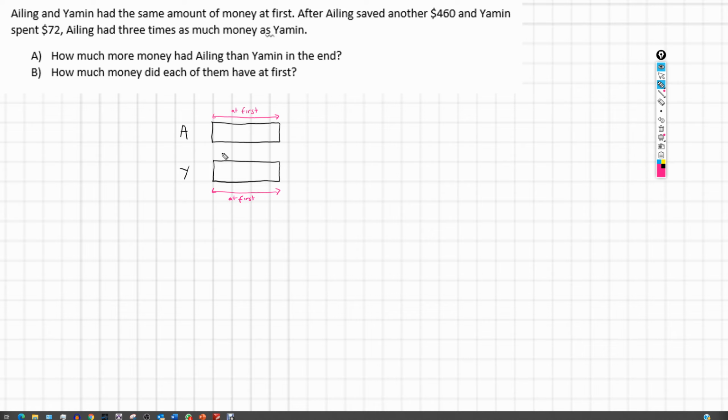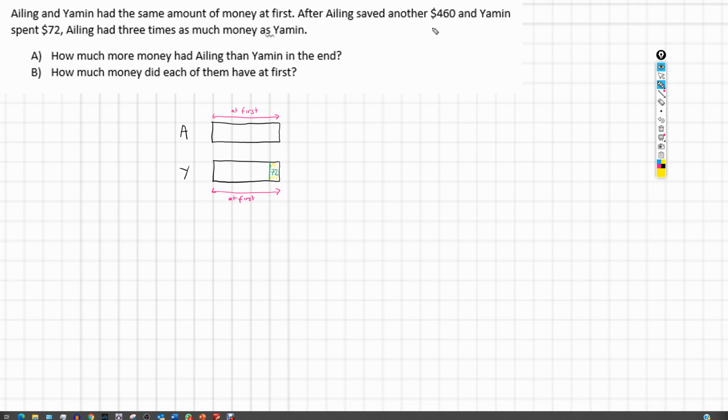And what are we going to do? We're going to take some money away from Yamin. So actually I'm just going to put it there, and this has a value of 72. So that's the money that Yamin spends. Okay, I should have shaded that first, but there we go. That's going to be the money that Yamin spent.